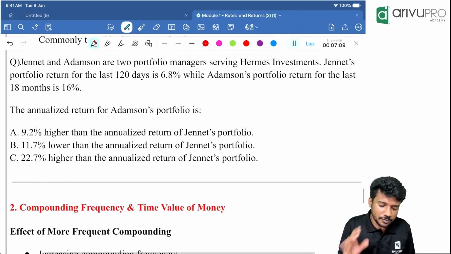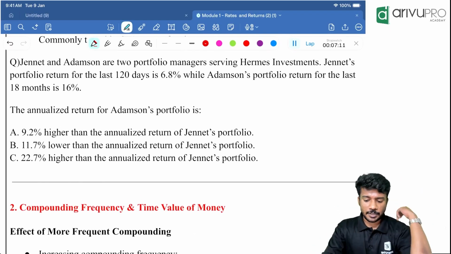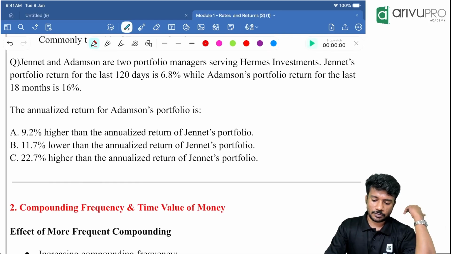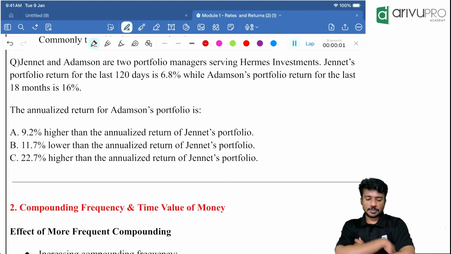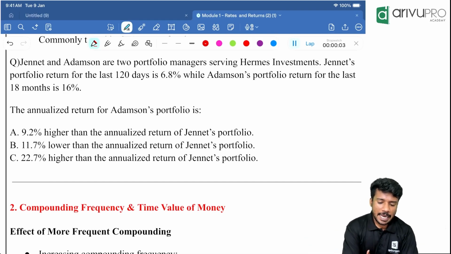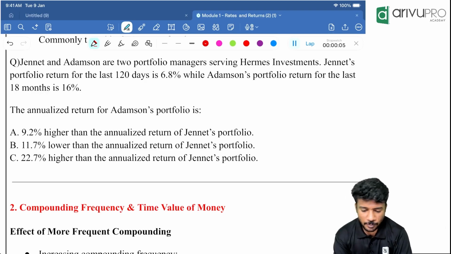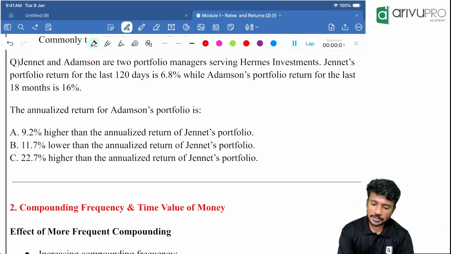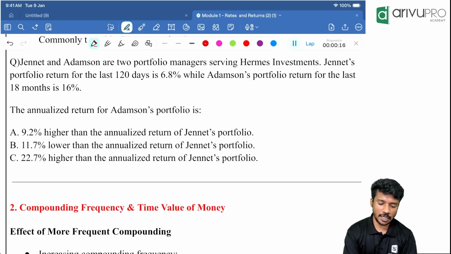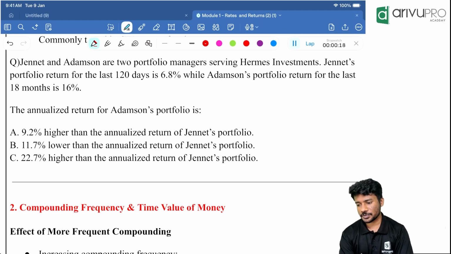Get me the answer for this. The timer starts now. I'll give you 1.5 minutes. Janet and Adamson are 2 portfolio managers serving Hermes investment. Janet's portfolio return for the last 120 days is 6.8%, while Adamson's portfolio return for the last 18 months is 16%.